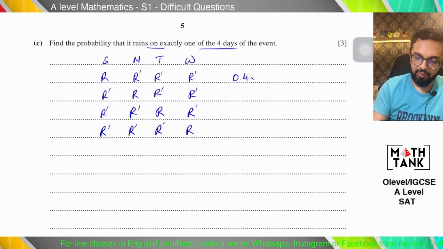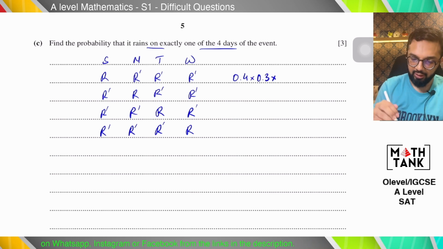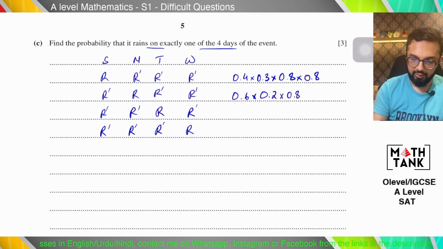And if it's rained on the previous day, the probability of raining again is 0.7, so that's 0.3. If it's not rained on the previous day, then the probability that it's going to rain is 0.2. So this has to be 0.8 and 0.8. Then 0.6, 0.2, 0.8. No, wait. It has rained. So raining again has 0.7, so 0.3, and then 0.8.